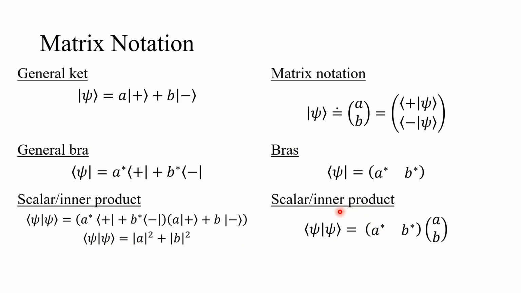In the matrix notation, it's just a column vector multiplied with a row vector, and you get a times a, b times b, and you get the same thing. But it comes out really nicely, just from what we're familiar with in matrix algebra, how to do these multiplications and inner products.